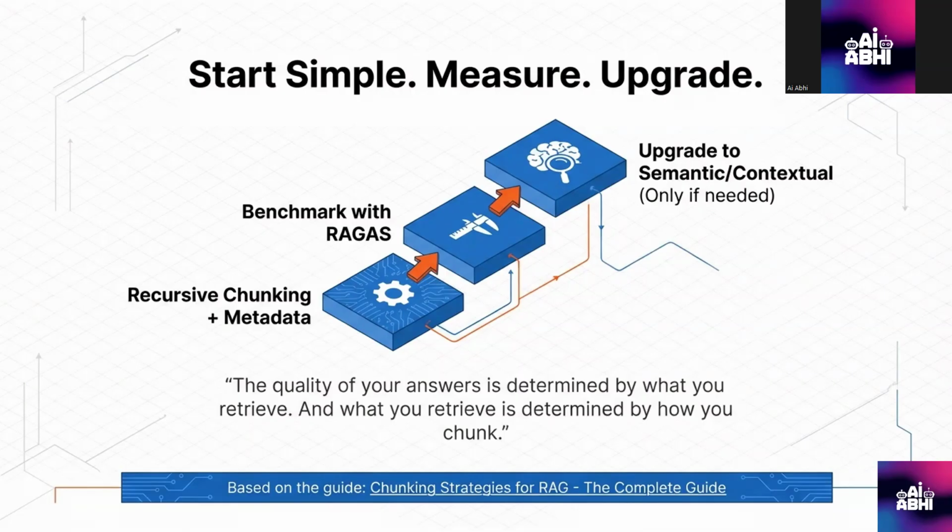My recommendation is start with recursive chunking, add metadata, measure your results, then upgrade to semantic or contextual chunking only when the simpler approach hits a wall. Don't engineer beyond what your use case needs.